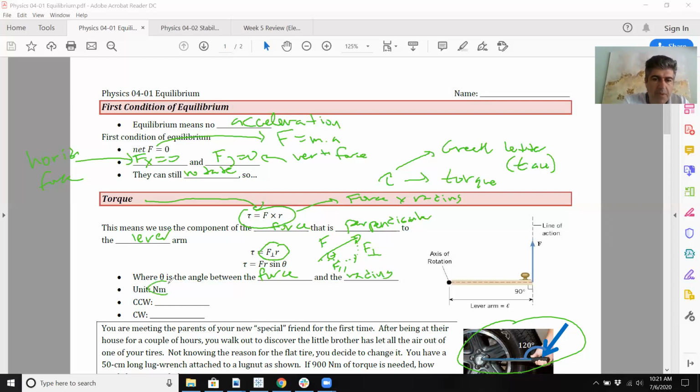The units are Newton times meters. So this is just like work or energy. You could say a joule, I guess, but we really don't. CCW stands for counterclockwise, and CW stands for clockwise.